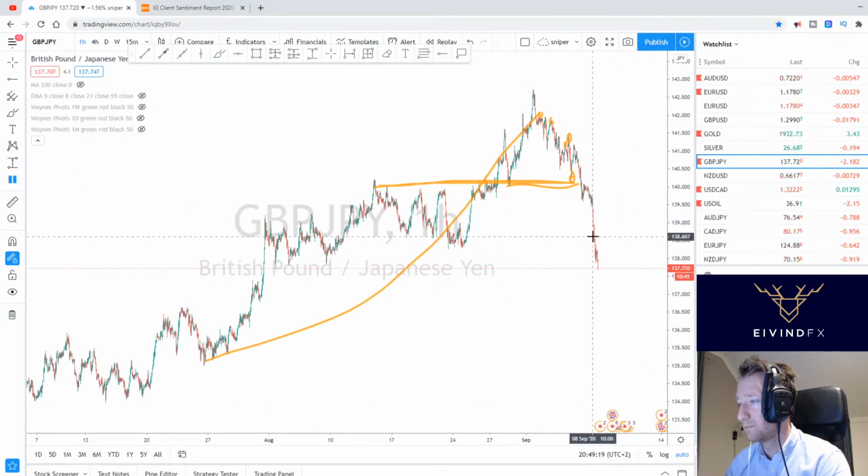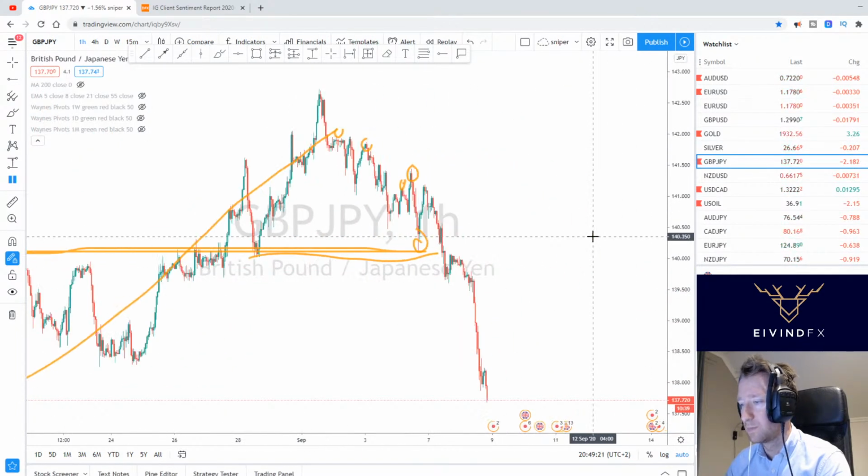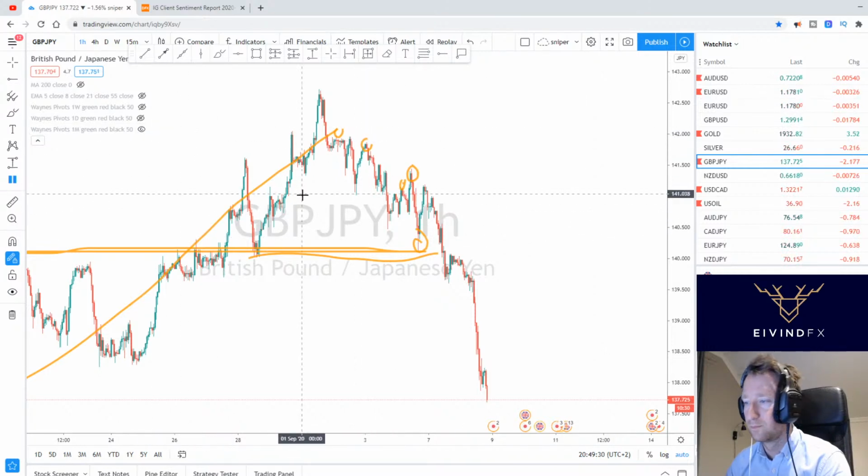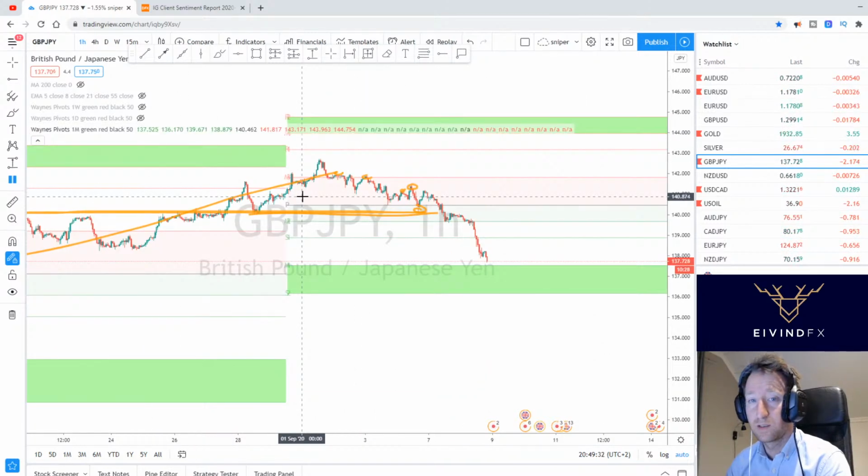Pound yen is just dropping. Coming to the weekly monthly take profit.